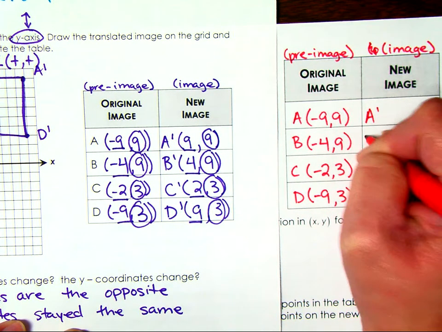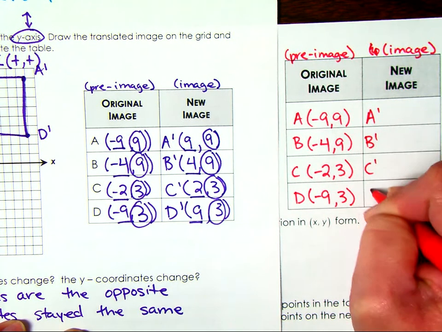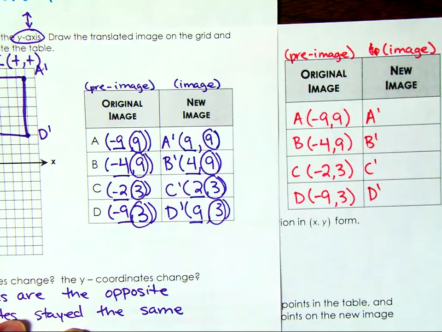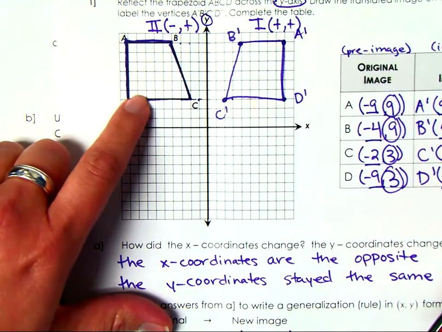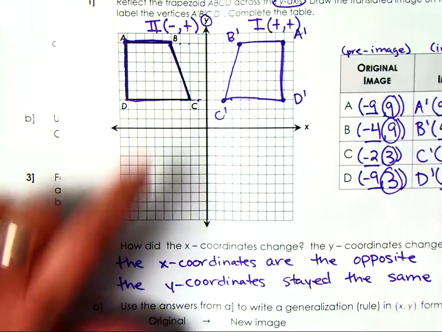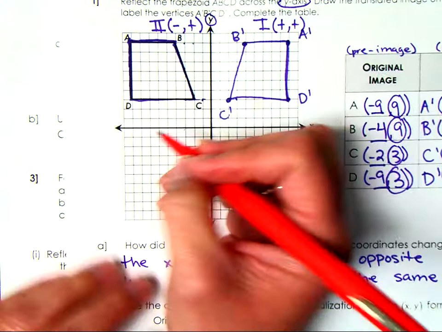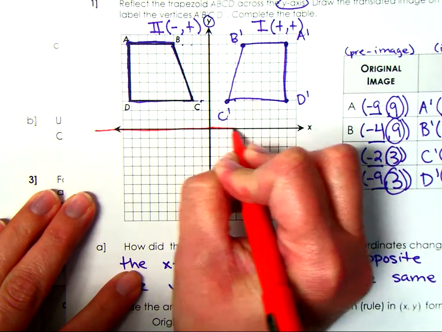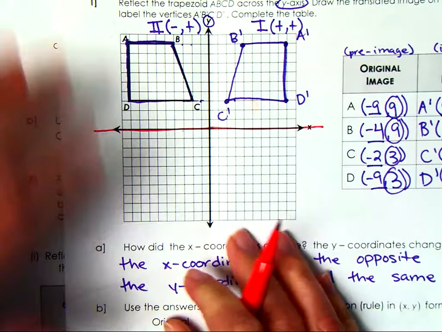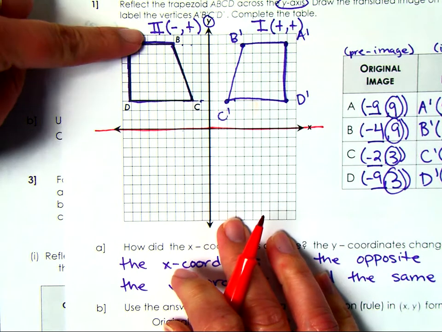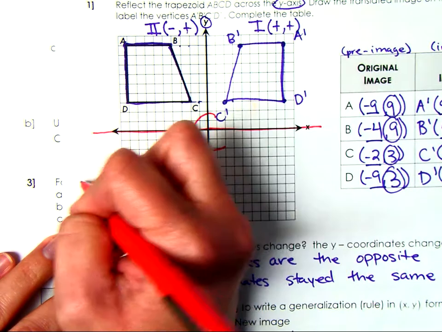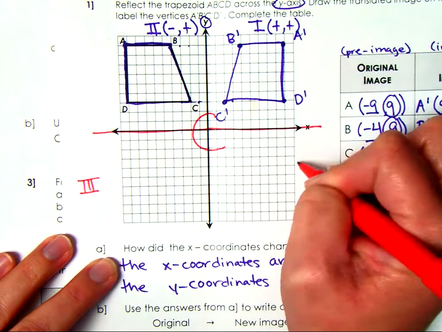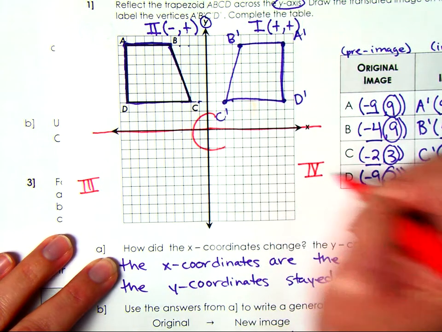So now we're going to see what happens when we reflect across the horizontal or the x-axis. So we're going to still use this picture. Okay, so if I have this trapezoid, because this is my pre-image, and I were to fold it across the x-axis, that's horizontal. Well, this is quadrant 2, so remember in a coordinate plane, it goes 1, 2, quadrant 3, and then quadrant 4.